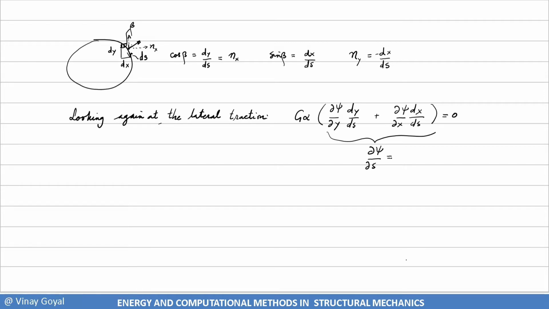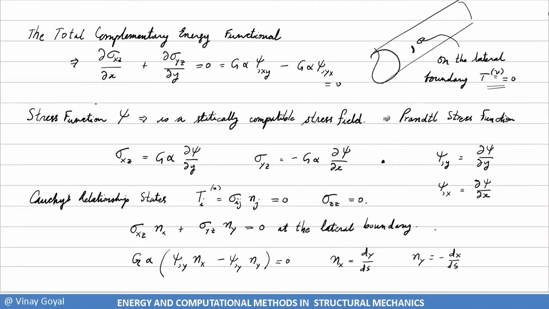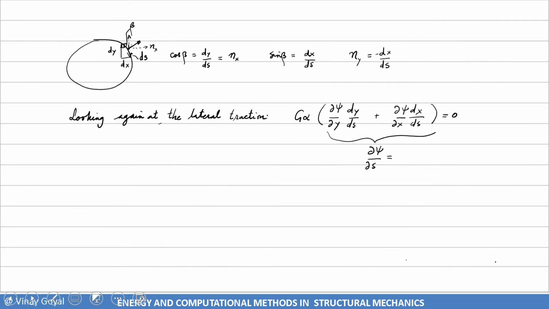So I just apply the chain rule, really. In reality, when I look at that traction on the surface, that traction implies this equation. And when I look at what nx, ny is physically on a curve, that's simply the partial of C with respect to s. There's nothing more to it.